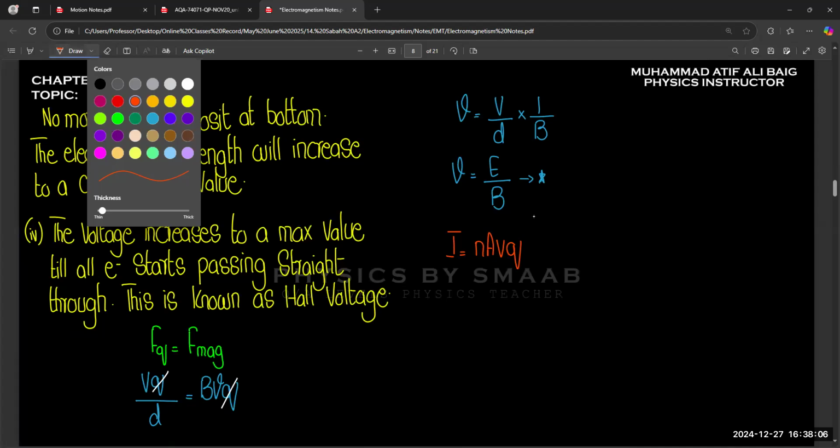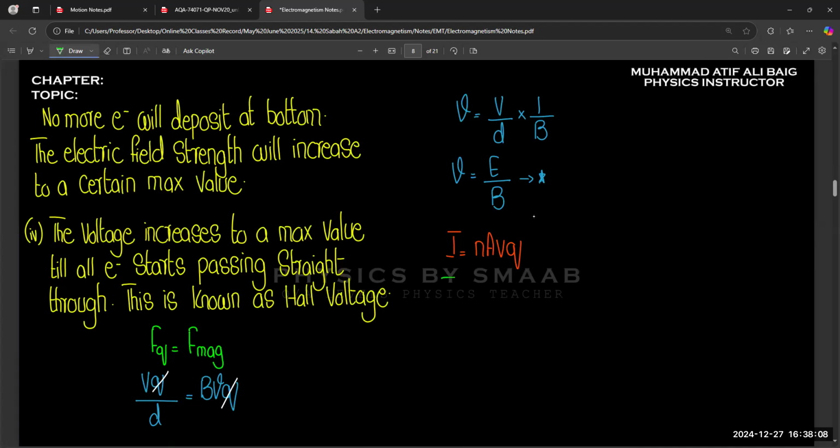So in this equation, we can say I is equal to N into Q, like this.